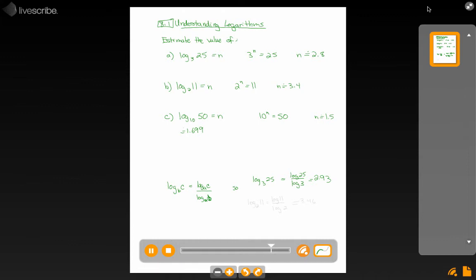So again, to try it one more time, log base 2 of 11 is log base 10 of 11 divided by log base 10 of 2. Punch that into my calculator, and I get an answer roughly 3.46. Again, it gives me more decimal places than I can handle, but somewhere in the realm of the estimate we had above.